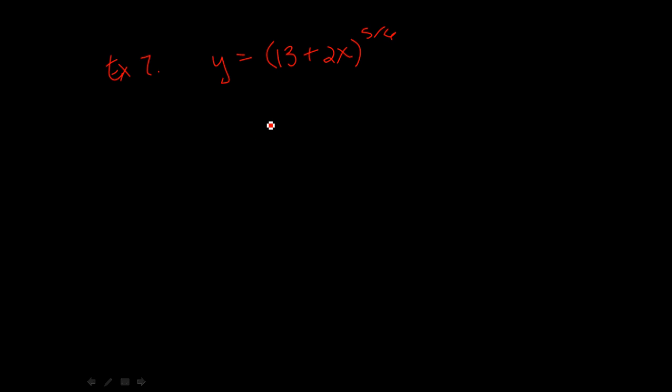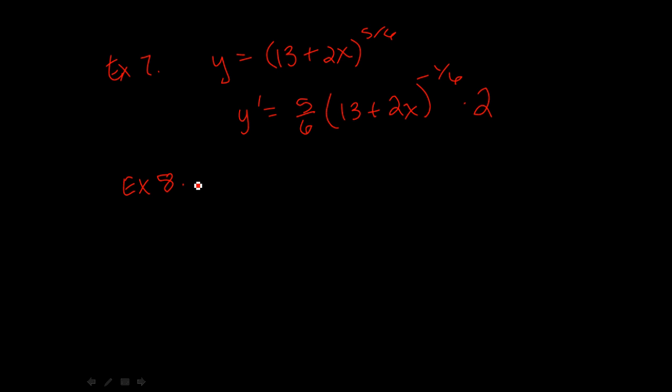Okay, so the derivative of that, we're going to pull the 5/6 out to the front, keep the inside the same, subtract 1 from this, so that's going to be negative 1/6, and then multiply by the derivative of the inside, which is just the 2 from the 2x. So that would be your answer for example 7-ish.